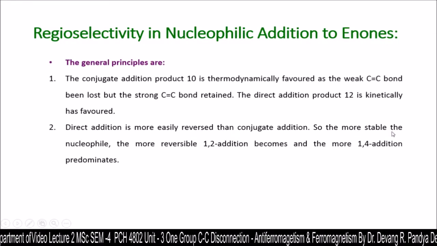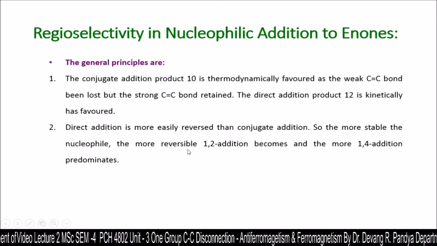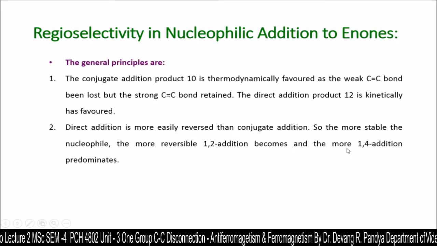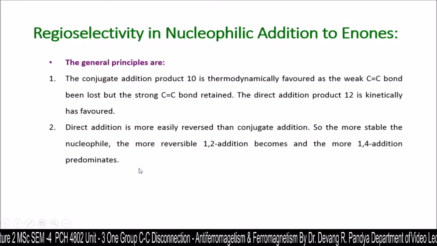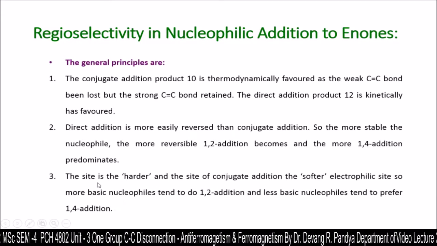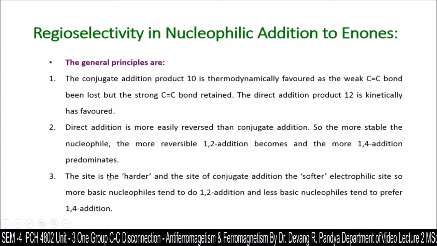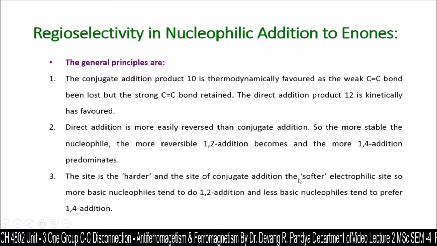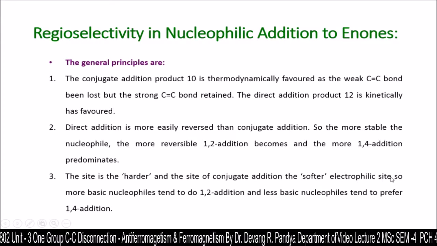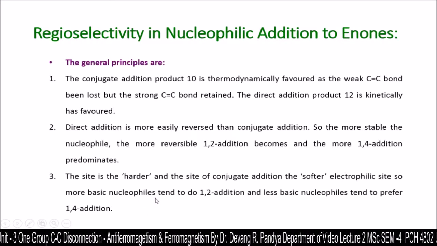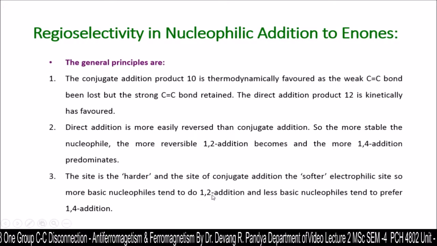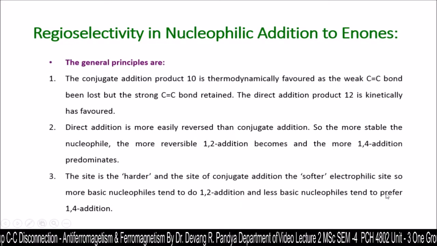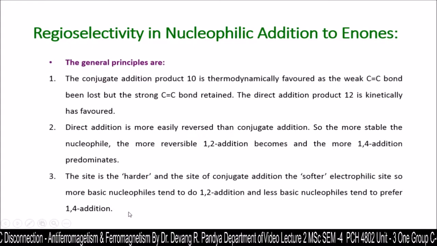So the more stable the nucleophile, the more reversible 1,2 addition becomes and the more 1,4 addition predominates. The third point, the harder site is the site of direct addition and the softer nucleophilic site is the site of conjugate addition. So a more basic nucleophile tries to make 1,2 addition and a less basic nucleophile prefers 1,4 addition.